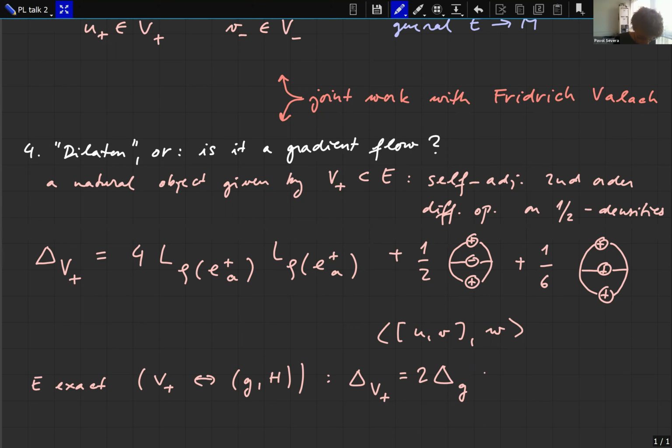That function is minus 1/2 times the scalar curvature of our metric, plus 1/4 times the square of H, which means that you contract H using the metric. At least for suitable values of 2, minus 1/2 and 1/4, this should be true.